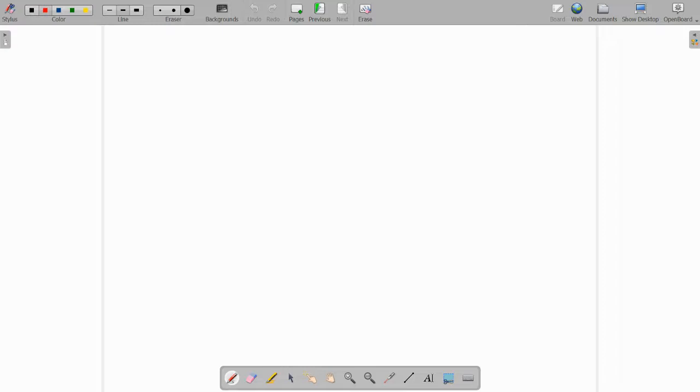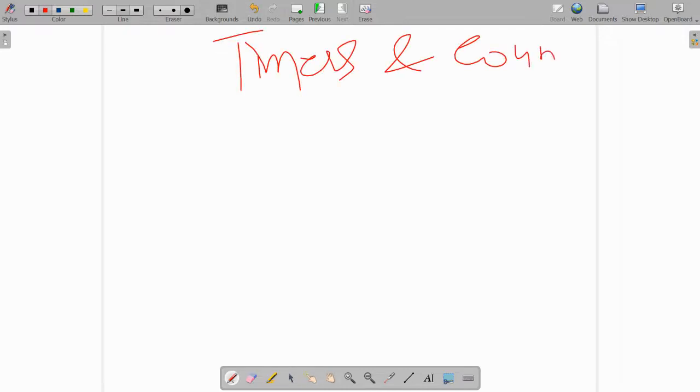Now we will see timers and counters. Write down the heading as timers and counters.